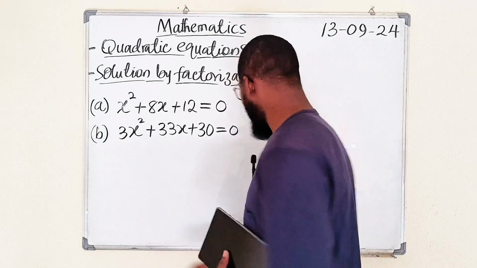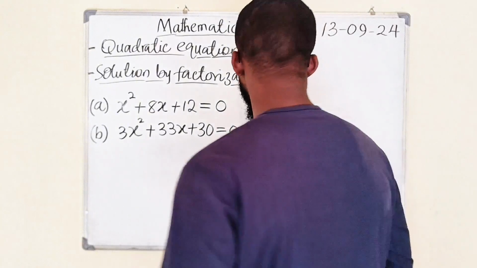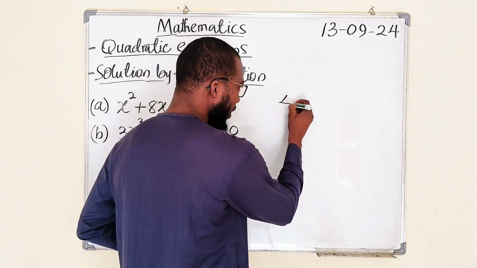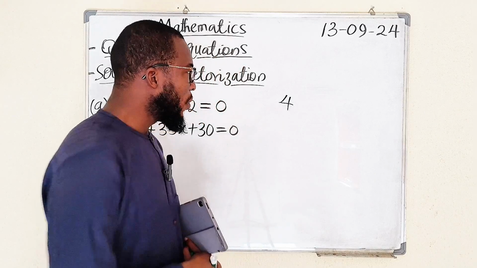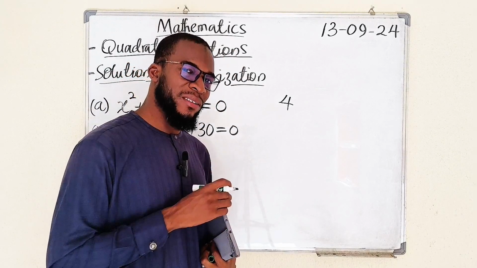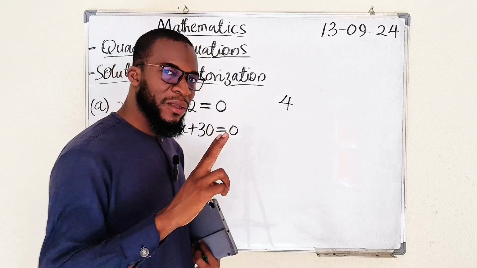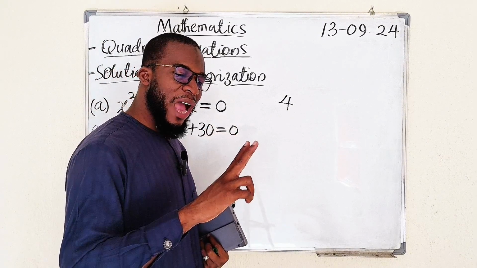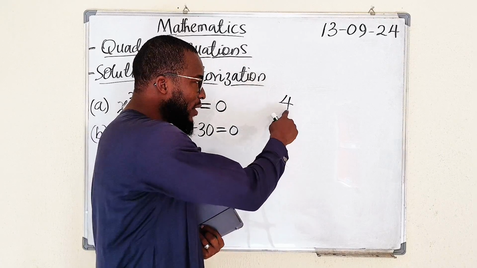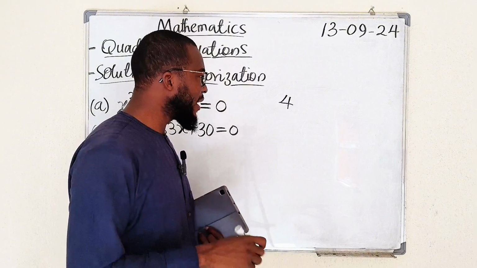But before we start, it is important to know what this factorization is. Remember, if you have a number like 4, we are talking about factorization. We are talking about factors. But in this case, we mean only two factors. These factors are the values you can multiply together to get that number. For instance, 4 here. What are two numbers you can multiply to get 4?